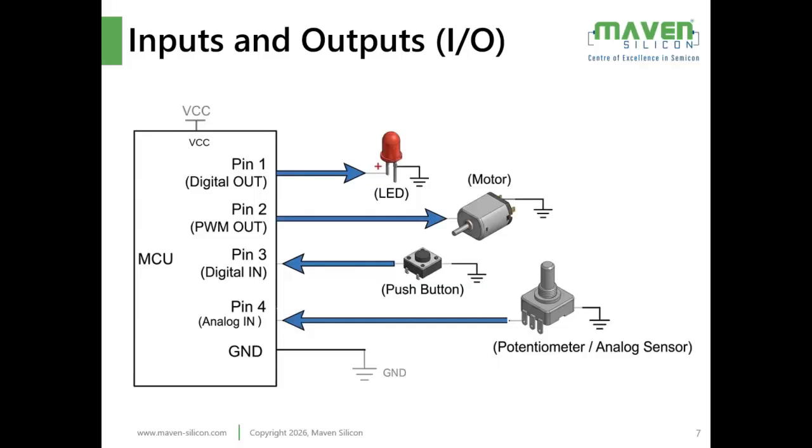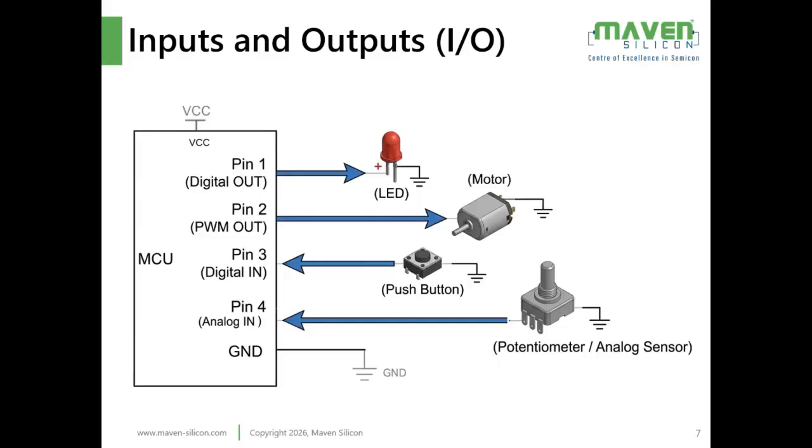Or the input can be an analog input, like temperature. Suppose I have an LM35 sensor, where temperature is converted into an analog voltage, so the input is an analog input. Further, we'll understand in the following slides how this analog voltage is processed.